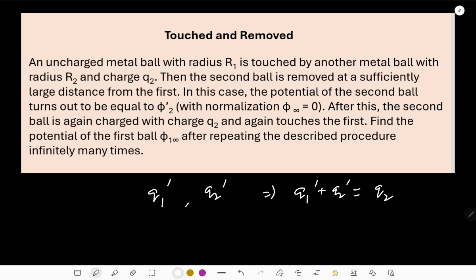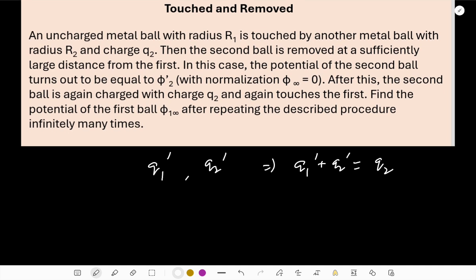And we have the value of q2 dash, and q2 dash will simply be 4 pi epsilon naught r2 phi dash 2. That was the potential it acquired after the contact and removal to infinity.